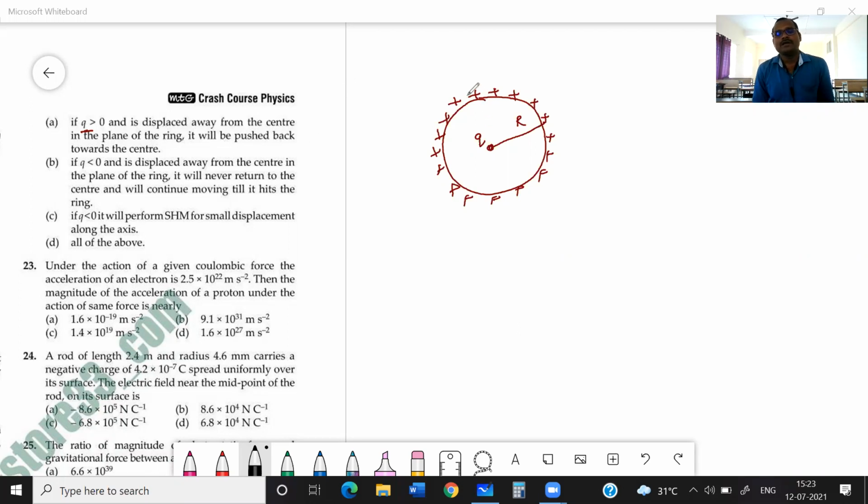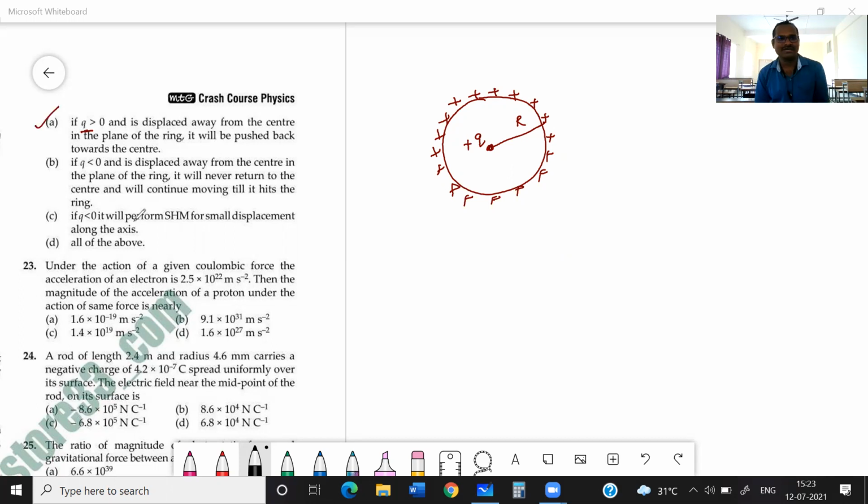See, this is positive charge and this is also positive. Now exactly at the center, as you know, the electric field will be 0. As you push this towards this side, repulsion due to these charges will increase, and repulsion due to those charges will decrease. That means a pushing force will act on it in the backward direction, so it can come back. The possibility is there. So option A is the right answer.